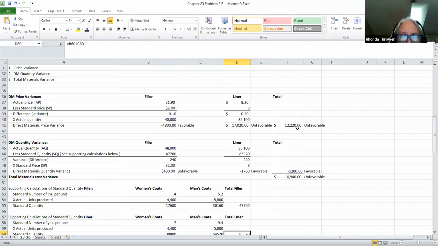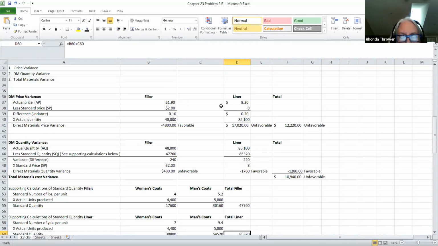As management, you would want to look at why that came up unfavorable. And as you can see here, when we broke it down separately, our filler didn't cost us as much as what we thought, and that's why it was favorable, but our liner cost us more than what we thought.